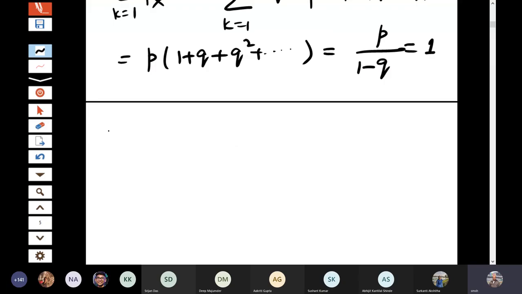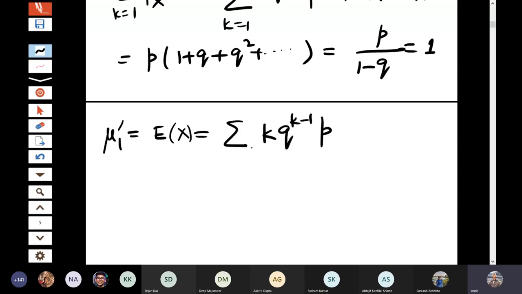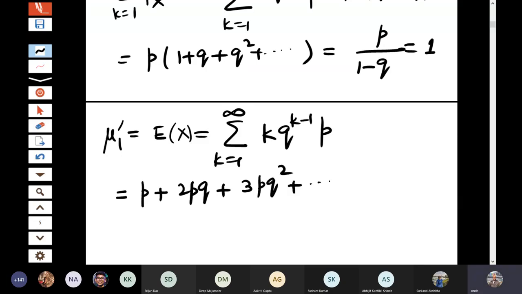Let us look at the moment calculations here. Say, for example, what is the mean of this distribution? Sigma k q to the power k minus 1 p. If you look at this, what are the kind of terms that you are getting? The first term is p plus 2pq plus 3pq square and so on.